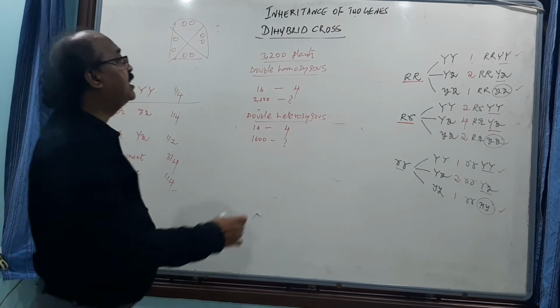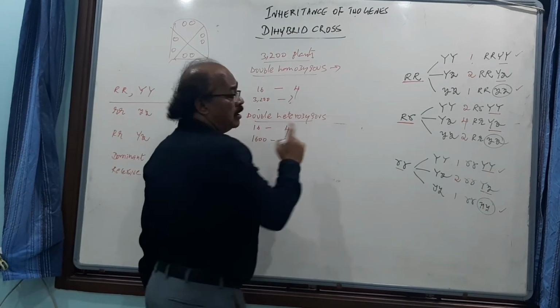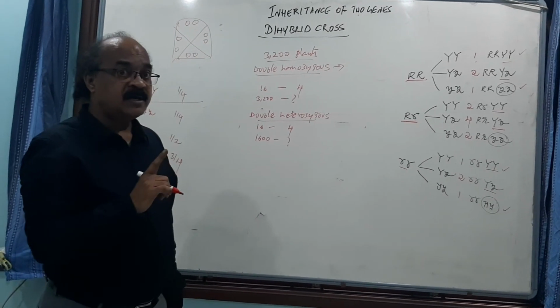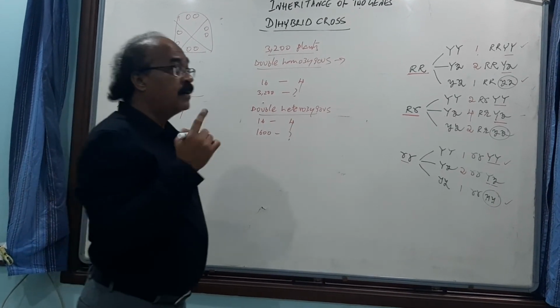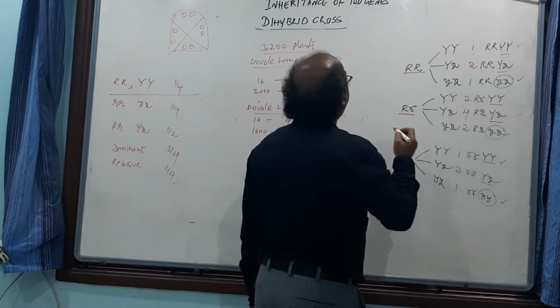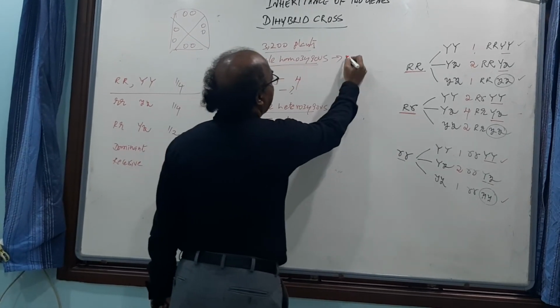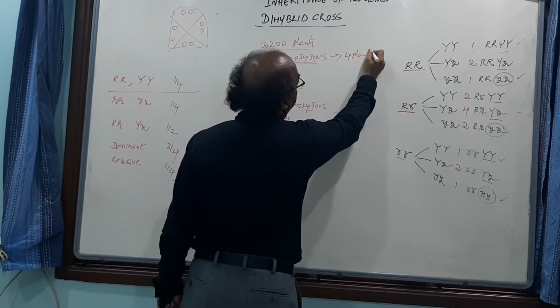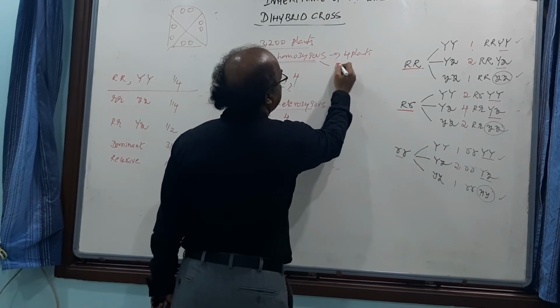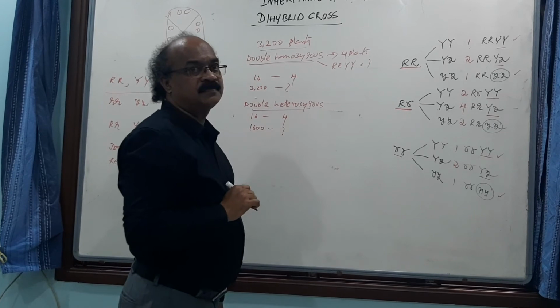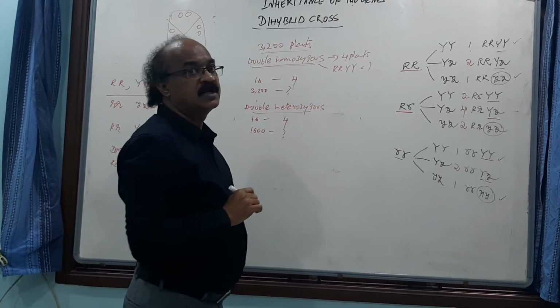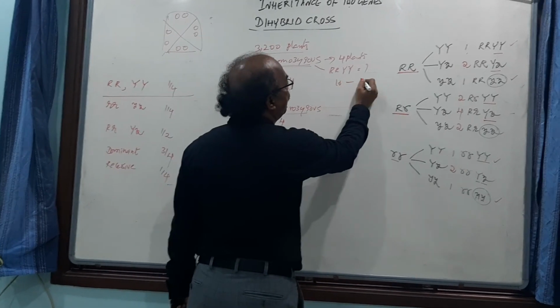The same question, if I am asking you, double homozygous, double dominant. Double homozygous plants are 4, but double dominant, capital R, capital R, capital Y, capital Y, is only one plant. So for every 16, 1.